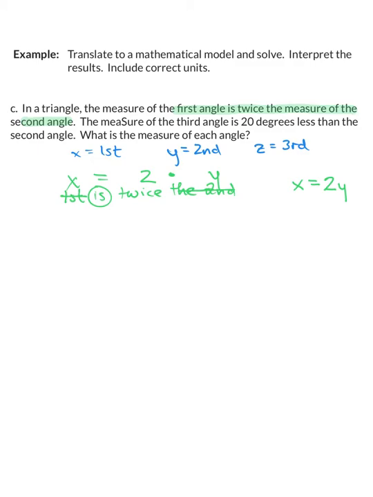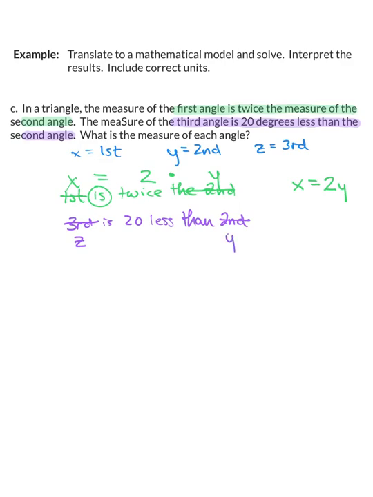The second statement that we have is the measure of the third angle is 20 degrees less than the second angle. So if we have the third is 20 less than the second, remember that third we said was z and second was y.